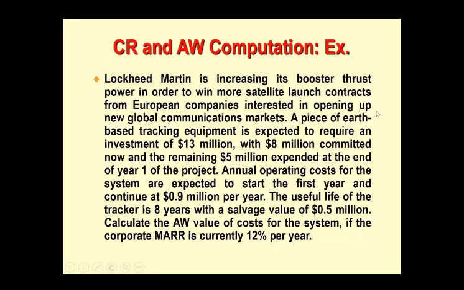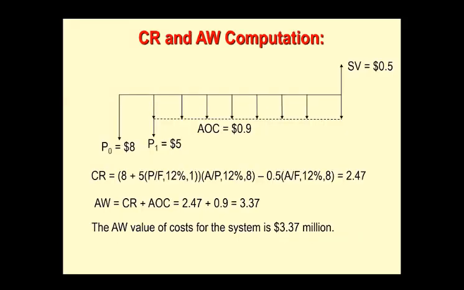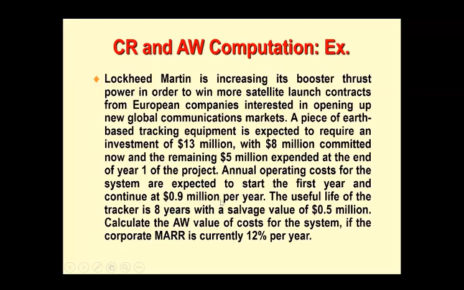And first we have to draw the cash flow diagram here. It has 8 periods: 0, 1, 2, 3, 4, 5, 6, 7, 8, because the useful life is 8 years.